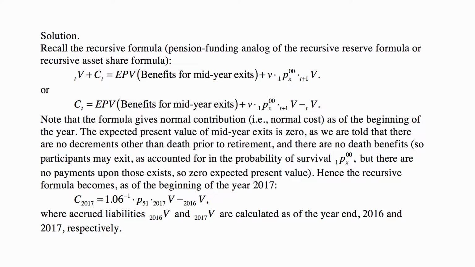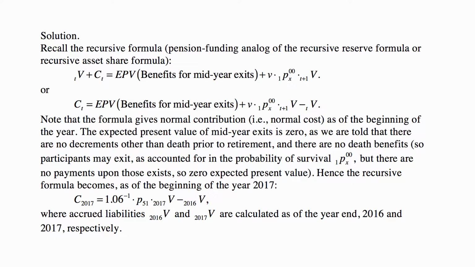We're doing the calculation of the normal cost at the beginning of the year anyway, so that's why the reserve or accrued liability should be discounted to the beginning of the year, and of course only existing for those who survive. That's why we have this x-year-old staying in state 0, being the state of being an active plan participant, over 1 year.